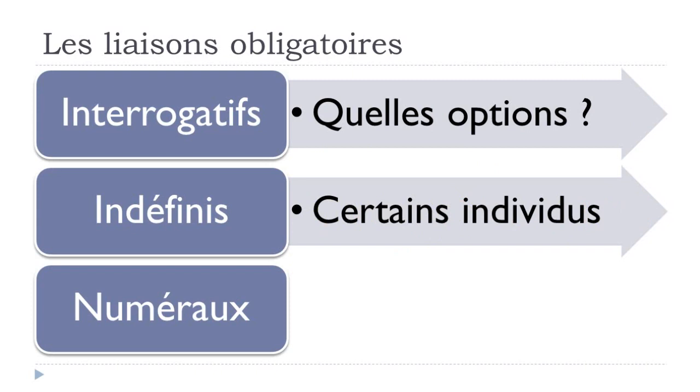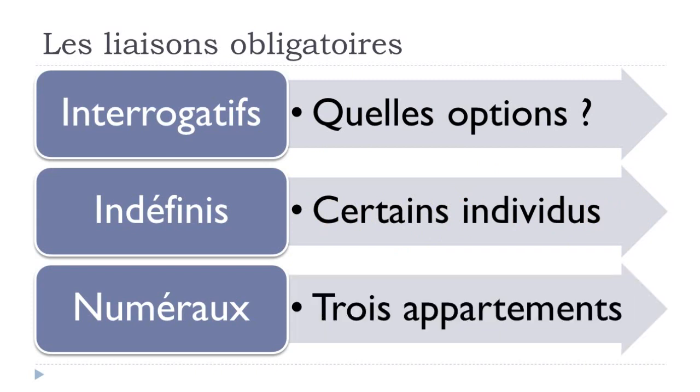Okay, so if we're talking about the numbers, in that case, I took trois, 3, just because it ends with S, as you can see here. And then appartement, apartments, starting with a vowel, so you should make the liaison. Trois appartements. Okay, so quelles options? Certains individus, trois appartements. So in all these cases, you should make the liaison.